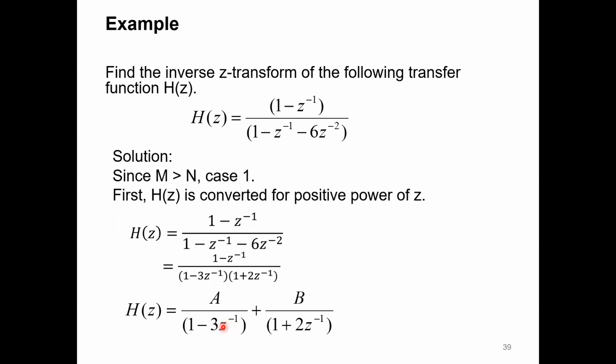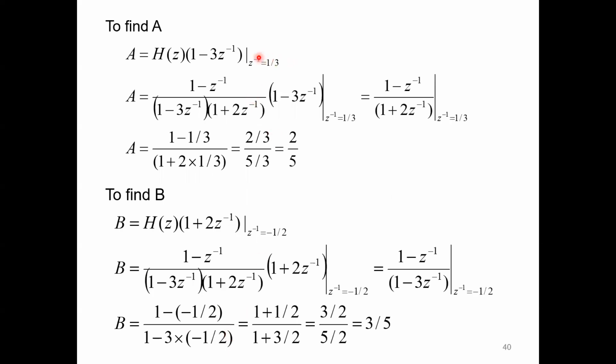Of course, now we have negative powers of z, so we'll use z^-1 instead of z. So z^-1 is actually 1 over 3. It's clear, right? So when you substitute that value for every z^-1 here, you get A equals 2 over 5.